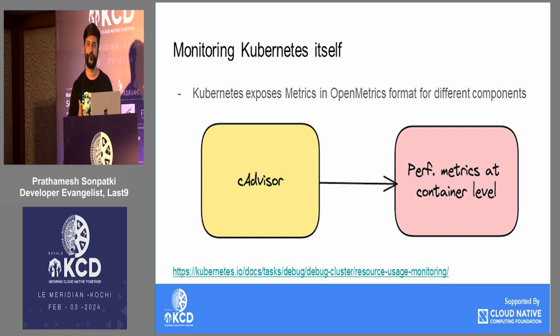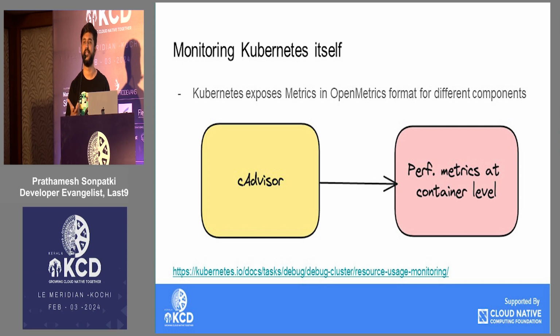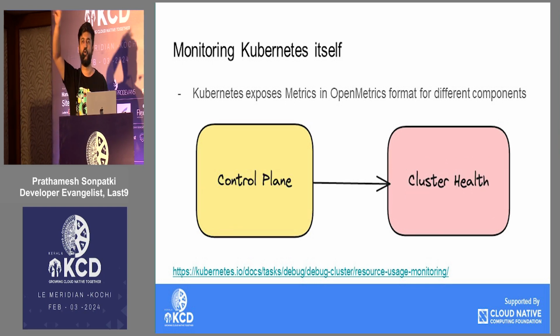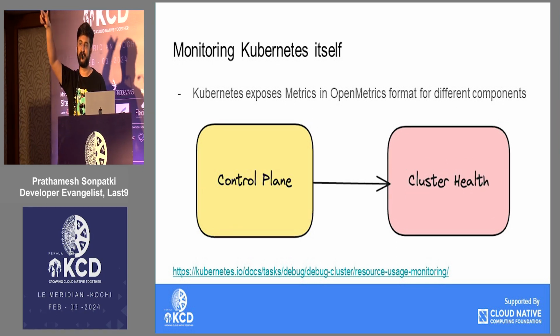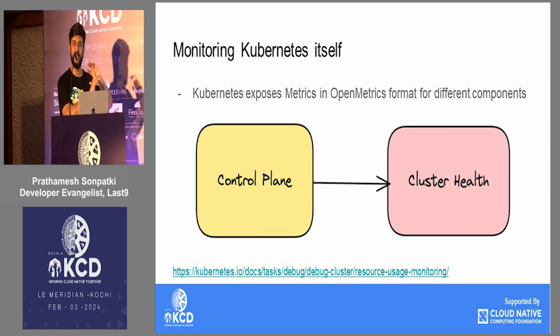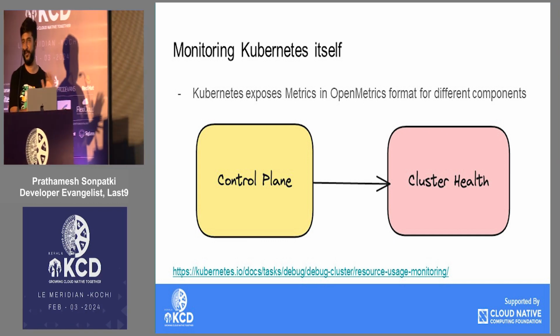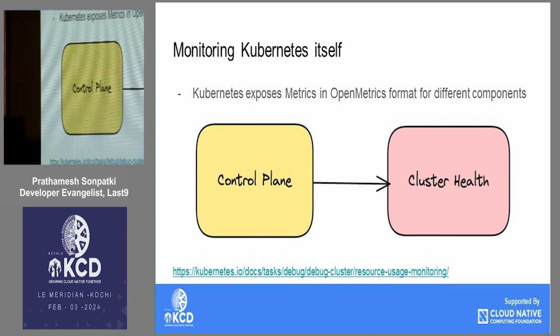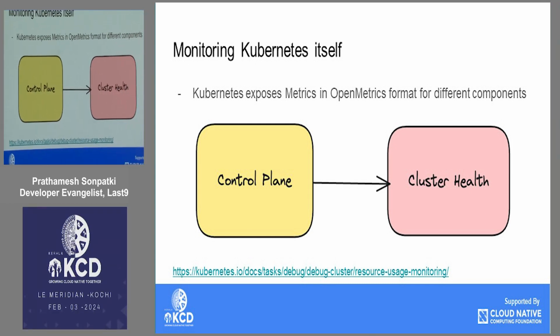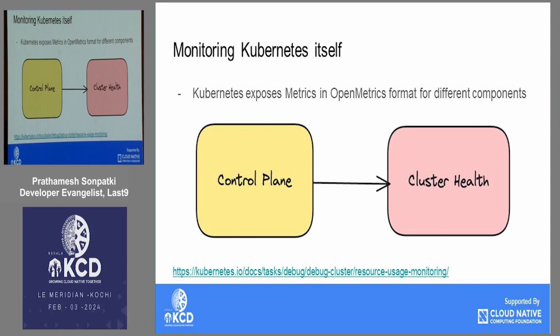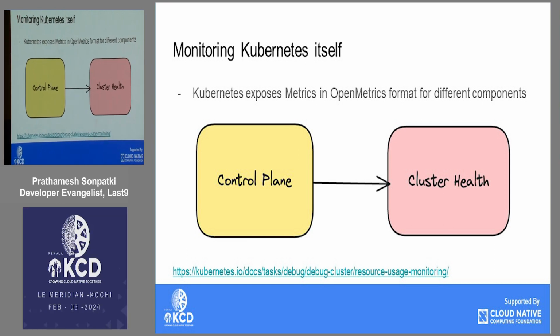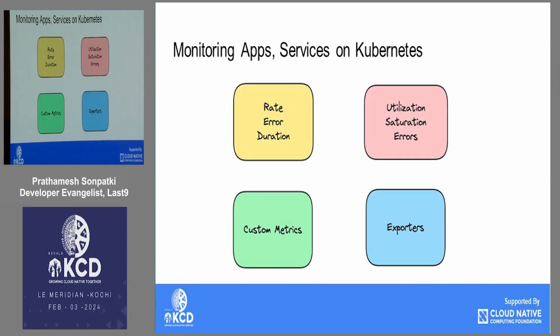You have the Kubernetes control plane, which basically emits the cluster health metrics, which give you a high level overview of the health of the cluster at any point of time. So from an infrastructure perspective, you are already covered, because if you just use these components by default, you will get all of these metrics out of the box, and that should mostly cover your infrastructure use cases.